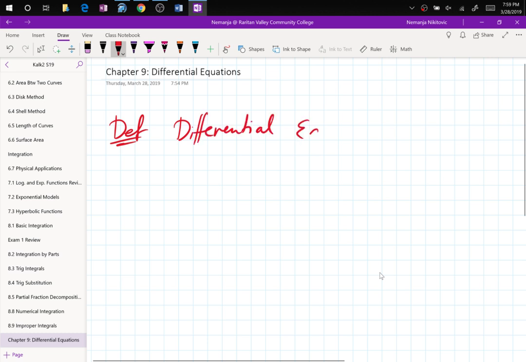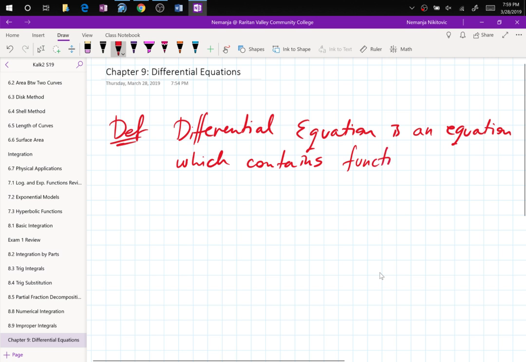A differential equation is an equation which contains a function, you can call that y, and its derivatives, y prime, y double prime, y triple prime, 3 dots.